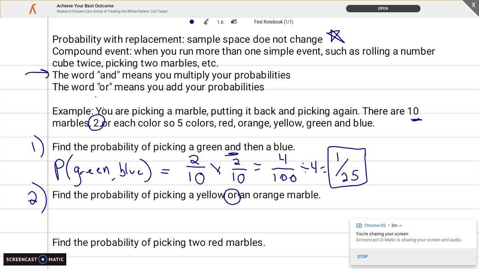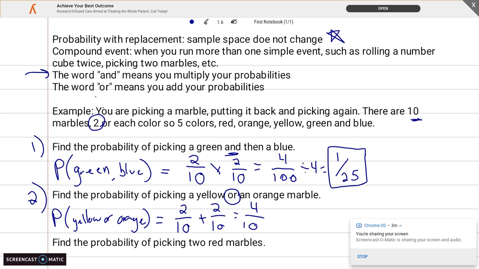We want to find the probability of picking a yellow or an orange marble. So probability of yellow or orange. Again, there are 2 out of the 10 marbles that are yellow and 2 out of the 10 marbles that are orange. You're going to add in this case because you want either outcome to occur. So 2 plus 2 is going to give me a 4.